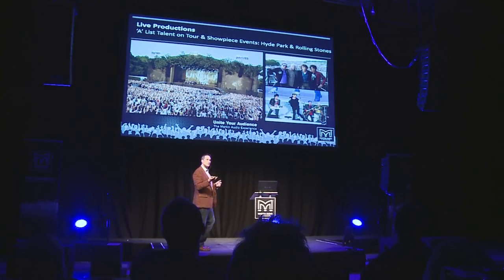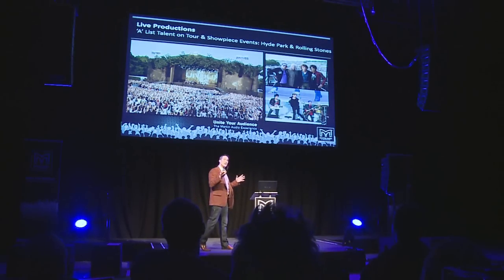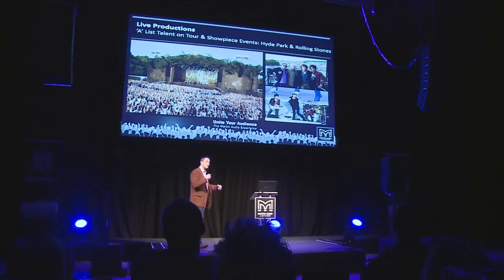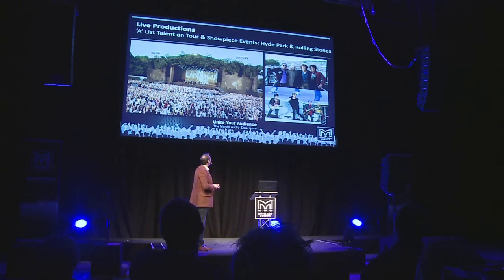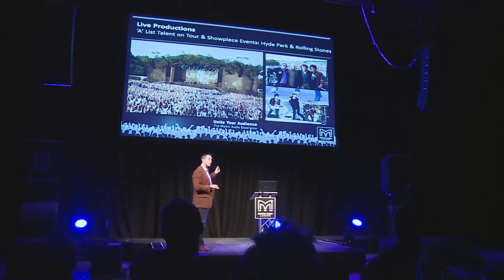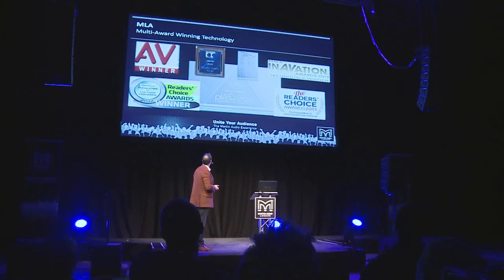It actually made the national press in the UK that people had gone to Hyde Park and had such a bad experience because they had to keep the levels so low that people just weren't enjoying it at all. Of late, using MLA, we're able to get that audience level up to proper gig levels and not upset all those rich residents down Park Lane in London, keep the local authority happy off-site as well. So that was a huge success for us last year, and I'm sure it will be again this year too.